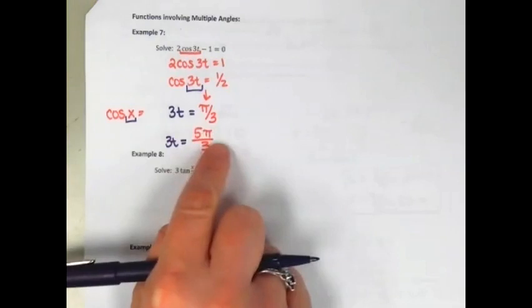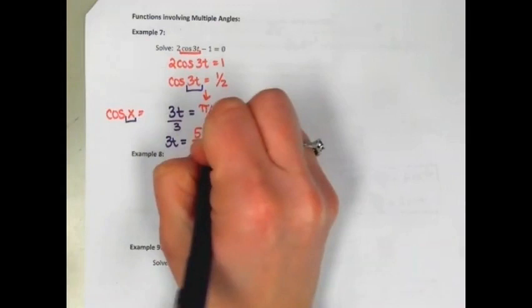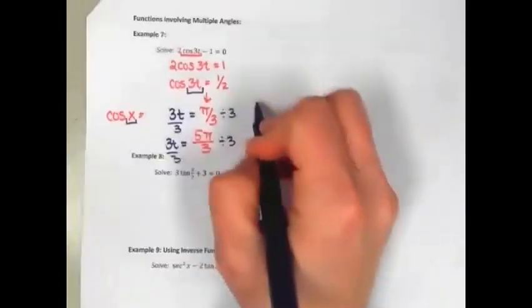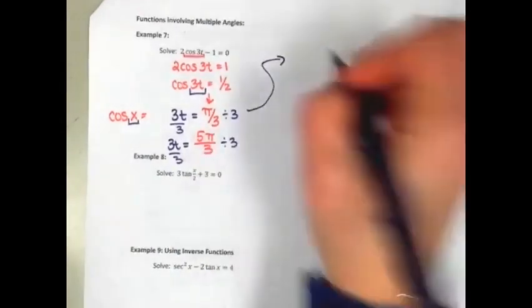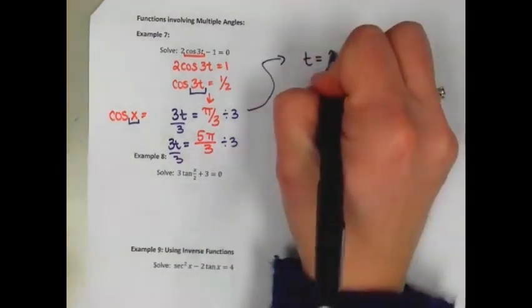So now, can you solve each of those? Can you solve for t? And how would I solve for t? Divide by 3, right? Divide by 3. So what is pi over 3 divided by 3? Pi over 9.